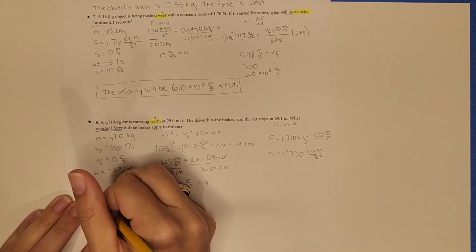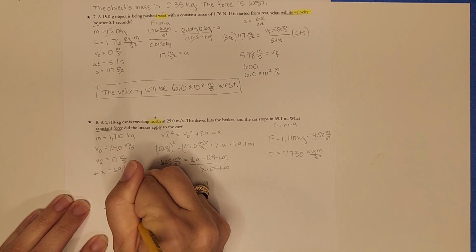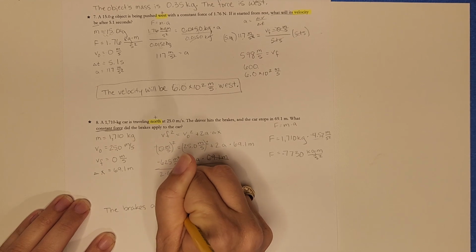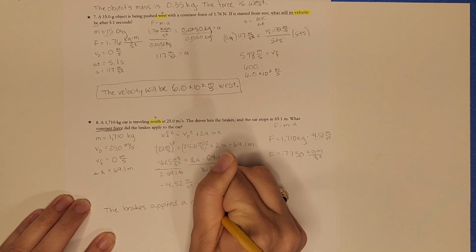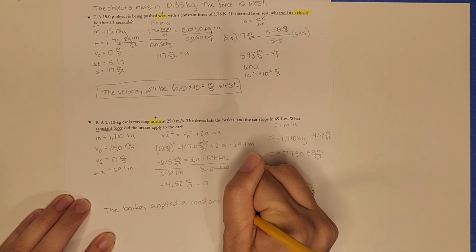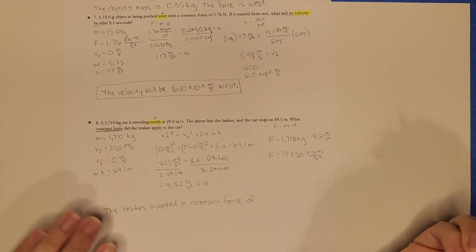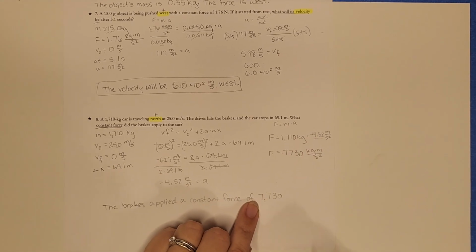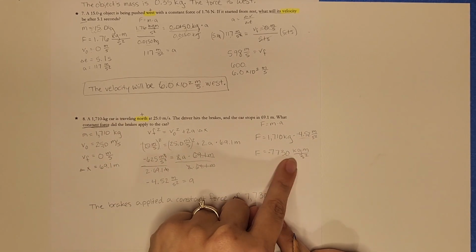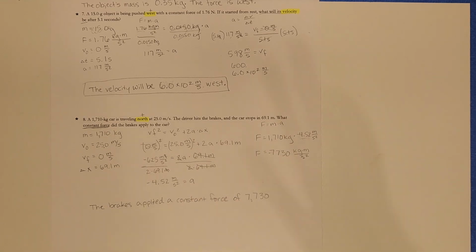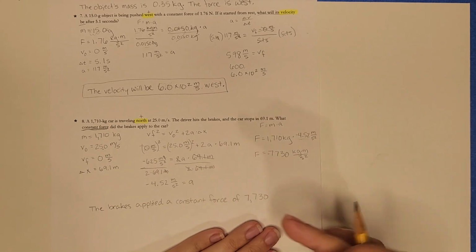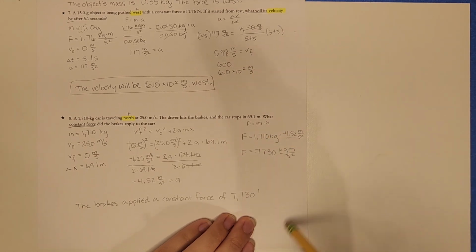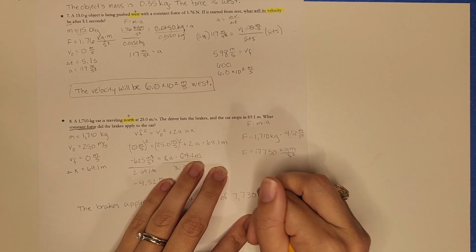So the brakes applied a constant force of 7,730. Notice I don't put the negative here because I'm going to put the direction, which has the same meaning, and it means more when you're writing this out in a sentence. Now I can convert this back to newtons, and so that's what I'm going to do here.